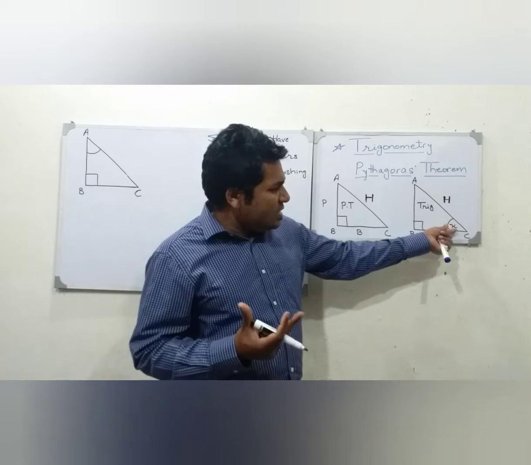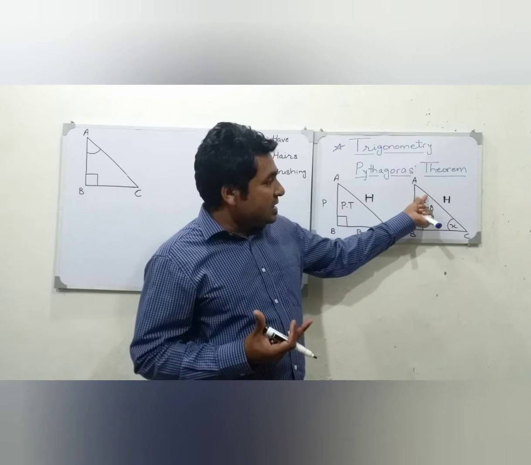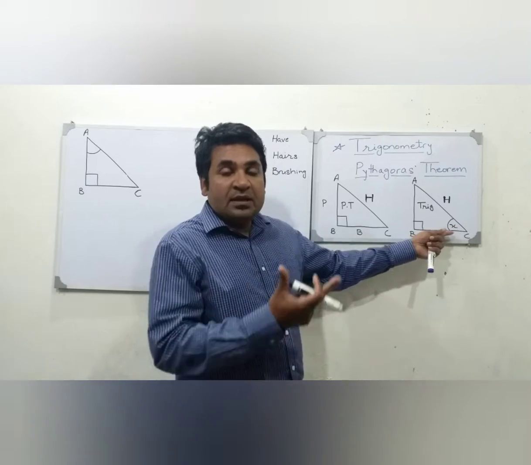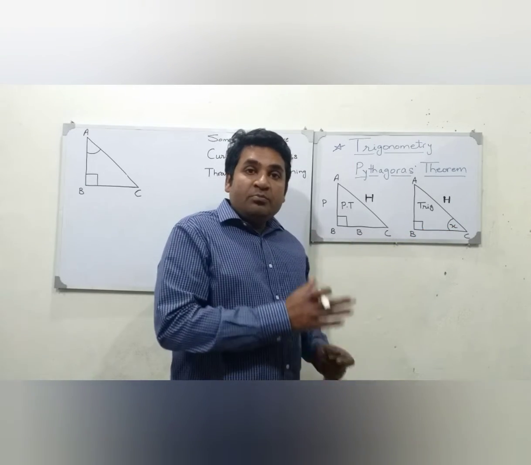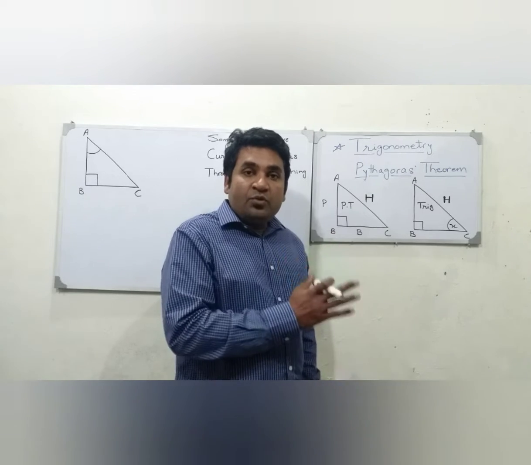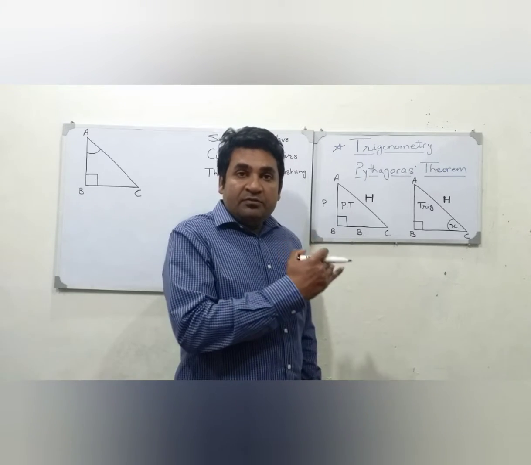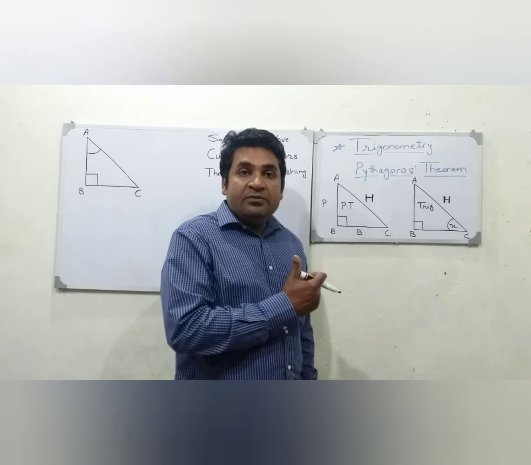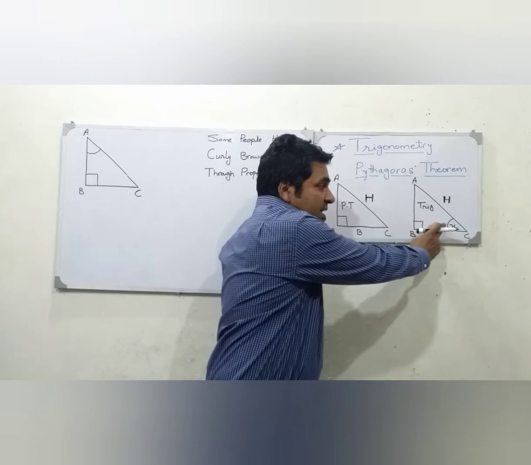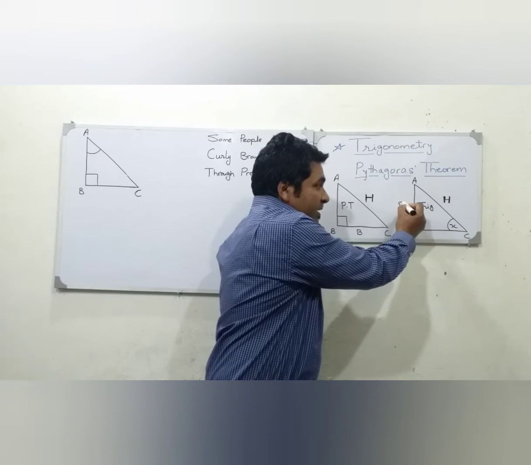So any one of the other angles will be given, and we will consider that angle, and on behalf of that angle we will find which side will be called perpendicular. The side opposite to this angle will be called perpendicular.